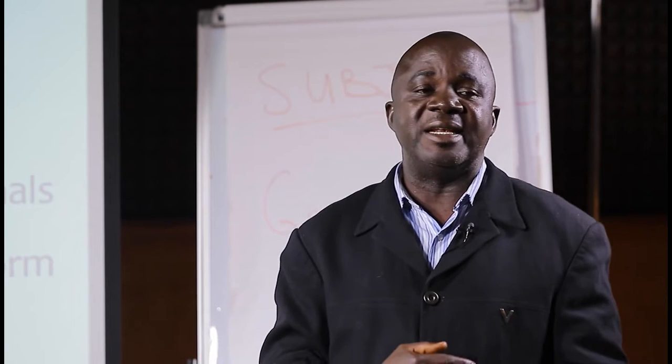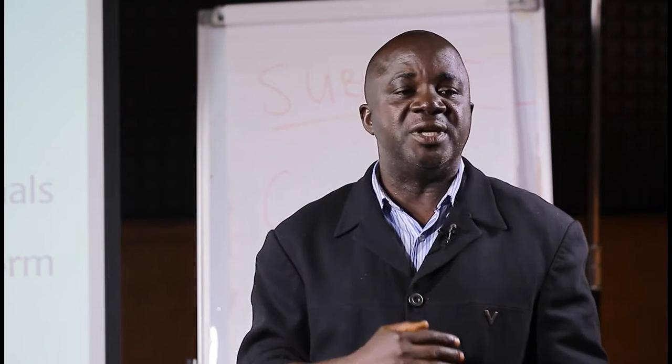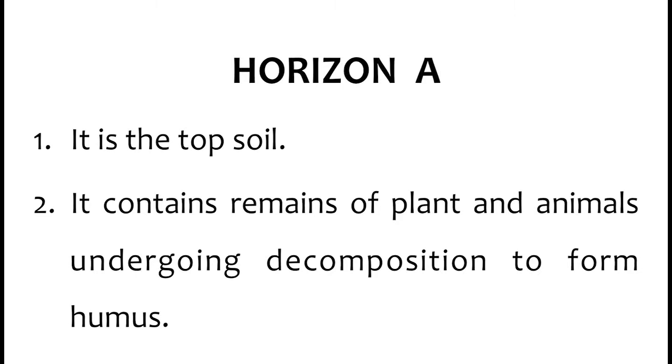Now, let's look at these horizons one after the other. We are starting with horizon A. Number 1, it is the topsoil. 2, it contains remains of plants and animals undergoing decomposition to form what we call humus.